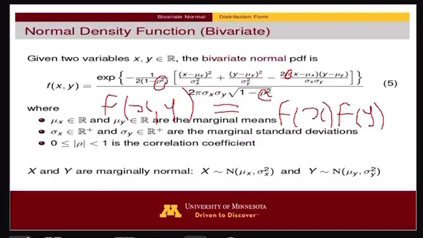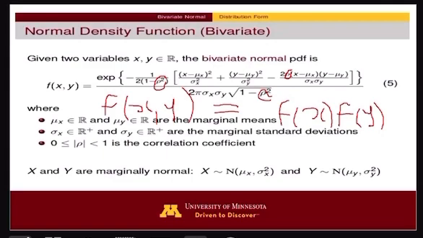So if x and y are independent, the joint f of x, y will be equal to the product of the marginal densities, which means x and y are unrelated. So the parameter that measures relationship here is rho, the correlation.